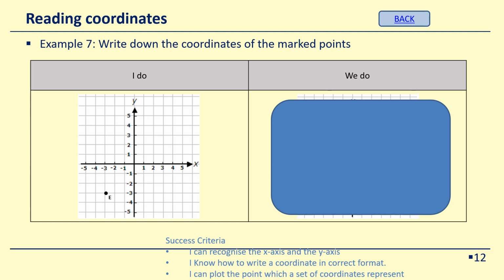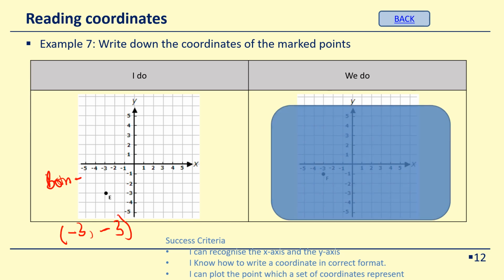Example 7. So if we go back, do you remember I said in this quadrant they were both negative? So we're going back 3, so it's minus 3, and we're going down 3, so it's minus 3. So minus 3, minus 3 tells me that point. Okay, and you do the we do now.